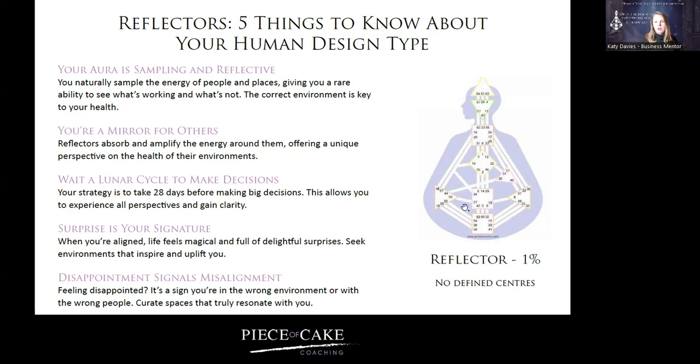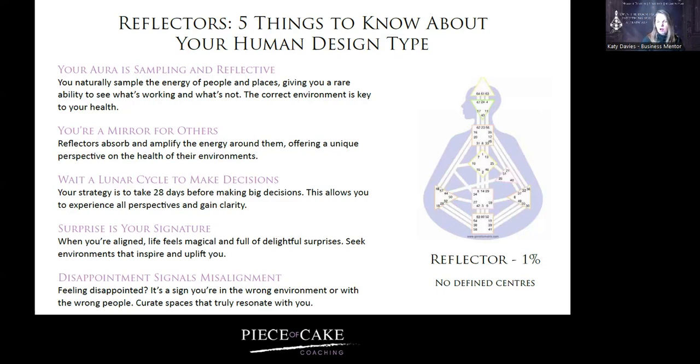Every human design type has a different aura, and your aura is sampling and reflective because of the open centers. So you're taking in everything around you, and that gives you this rare ability to see the world as it truly is, because you're almost seeing the world through other people's eyes.